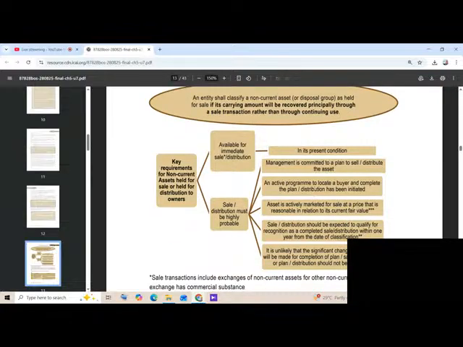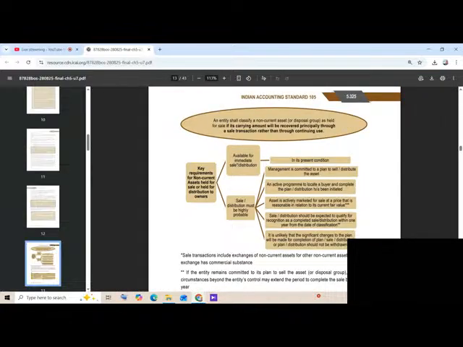So here are the key requirements of non-current assets held for sale or held for distribution to owners. Available for immediate sale or distribution in its present condition, and sale or distribution must be highly probable. Management should be committed to a plan to sell or distribute the asset. An active program to locate a buyer and complete the plan has been initiated.